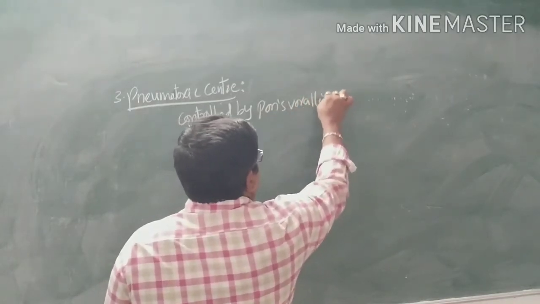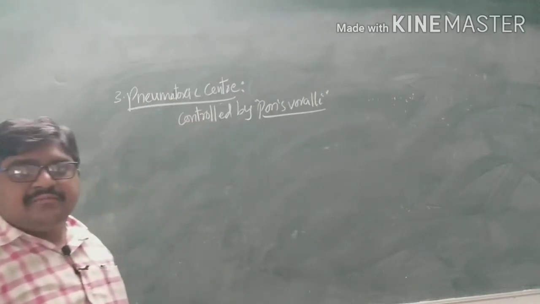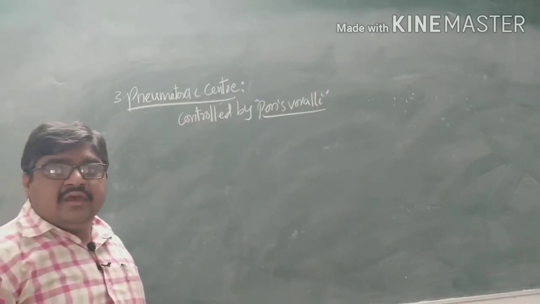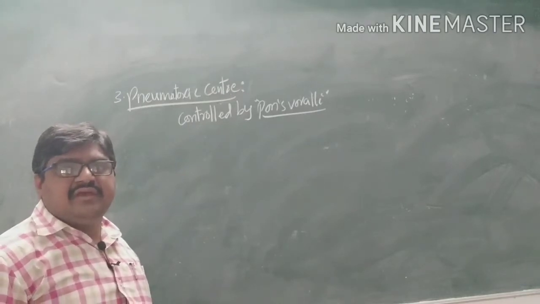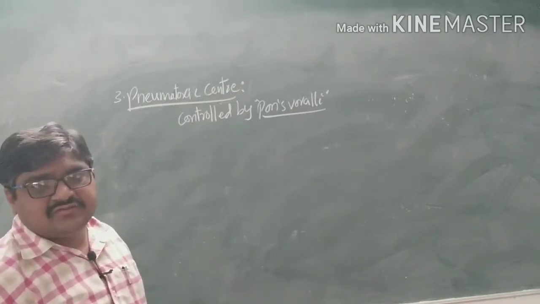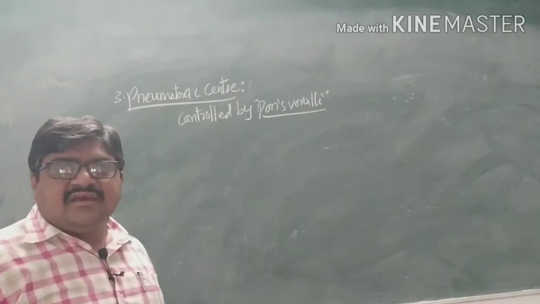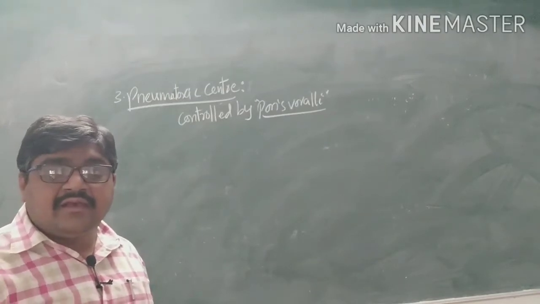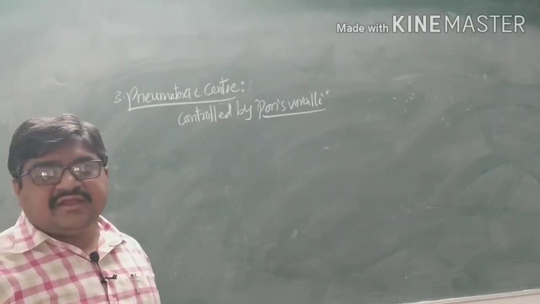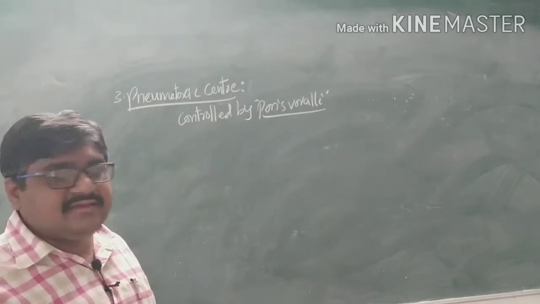It is controlled by the pons varolii, which is present in the brain, where it acts as a bridge. It is called the pons, meaning a bridge, connecting the hindbrain to the midbrain. It is also connected with the brain stem.